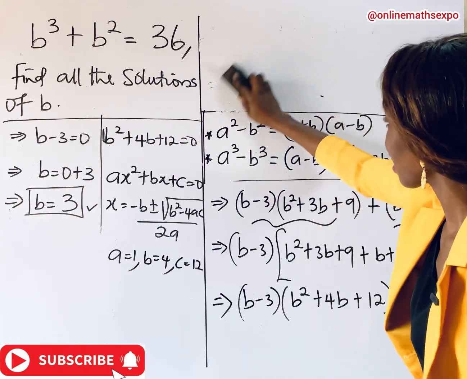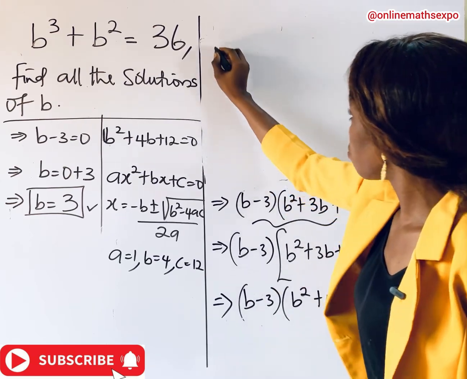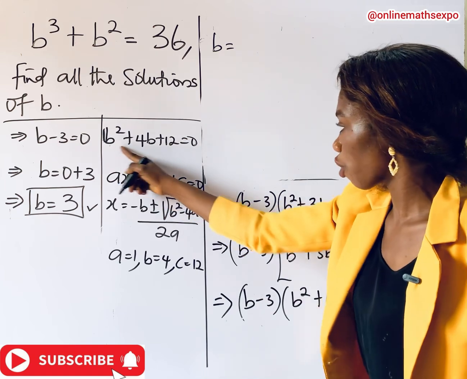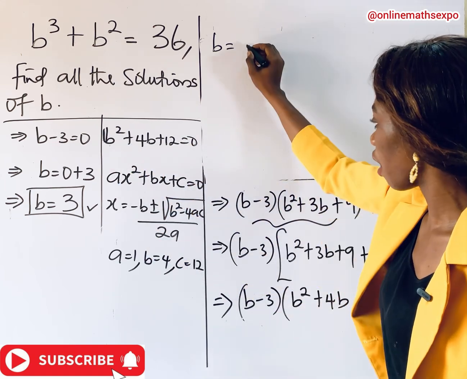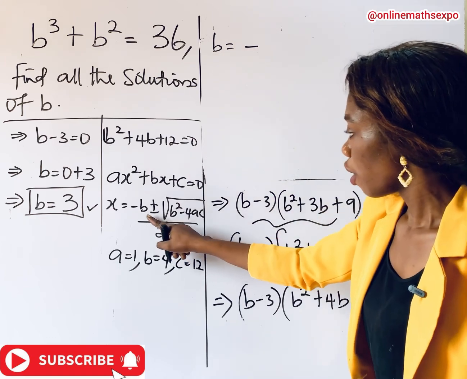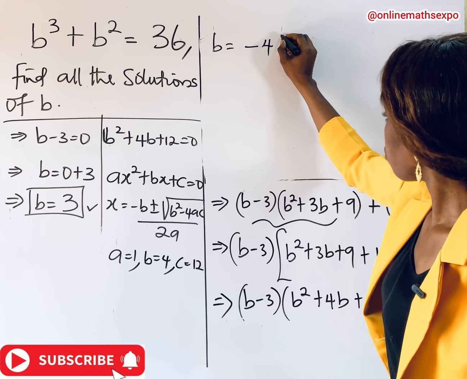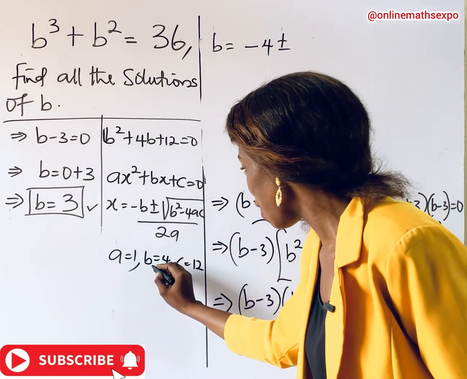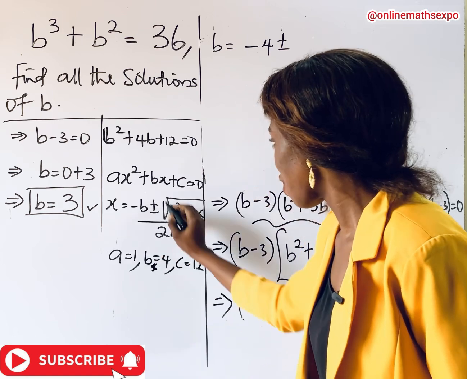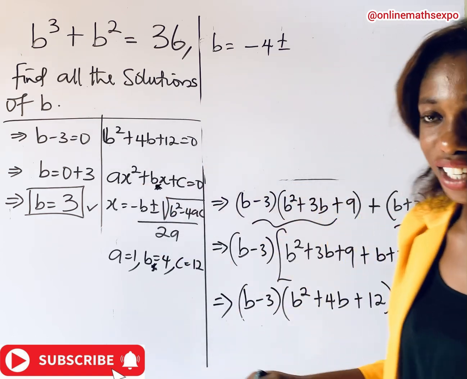So let's plug this into the formula to get the other solutions for b. So b is equal to negative 4 plus or minus. Okay, to differentiate the b, let's put an asterisk here. The asterisk one is the one in the formula, so that it doesn't confuse us with what we're looking for.